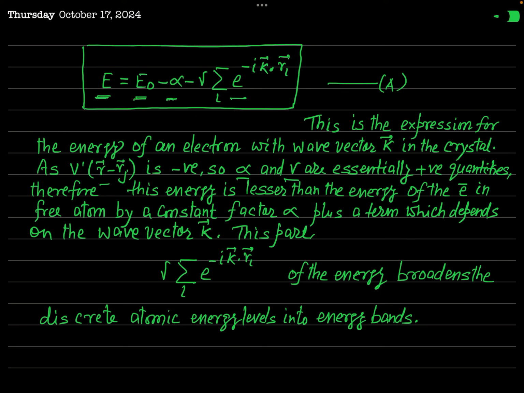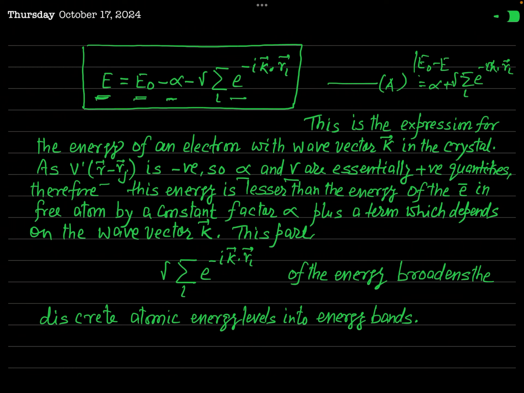So definitely E is less than E naught, and how much less? You can easily see that E naught minus E is equal to alpha plus gamma times summation over L of e to the power minus i k dot R_L.